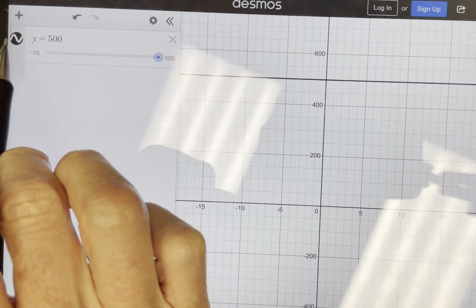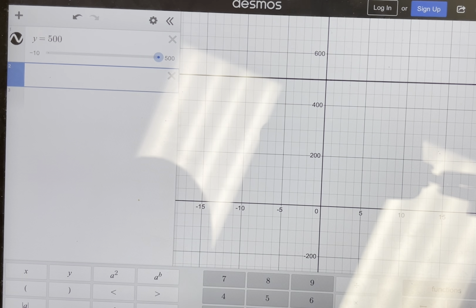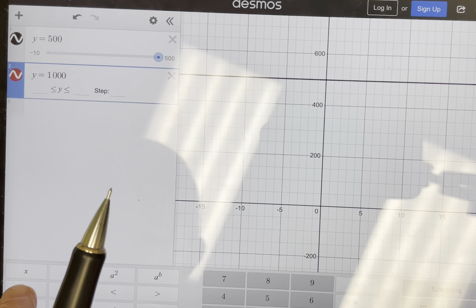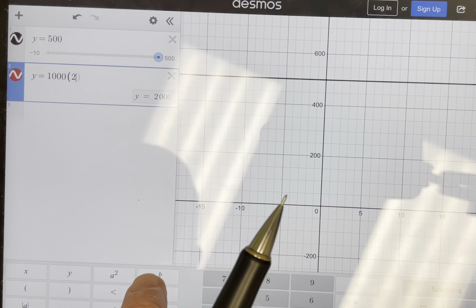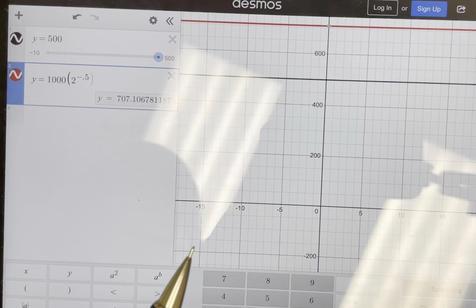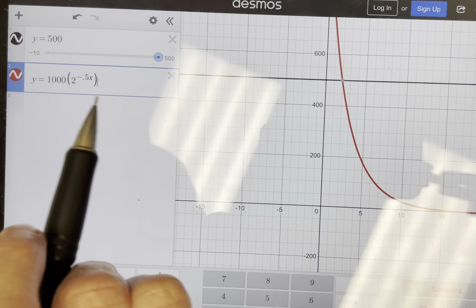In my case, it's a black horizontal line there. And my right side is y equals 1,000, open parenthesis, 2 raised to the negative 0.5x.